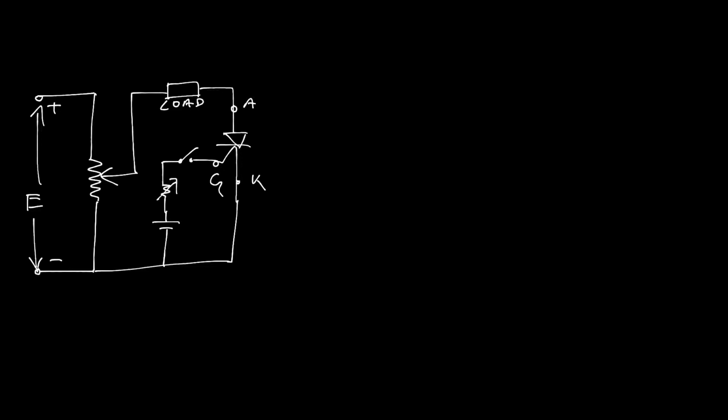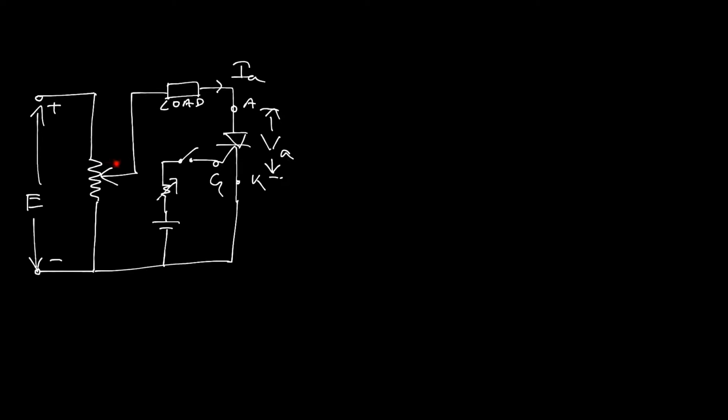So this is the schematic diagram through which we can plot the VI characteristics of a thyristor. VA means the thyristor voltage across anode to cathode. This is the current IA, the SCR current, which can be controlled by using this variable resistance or variac.